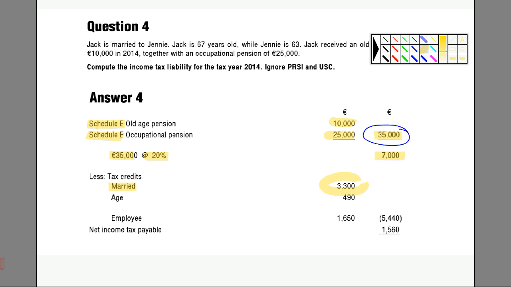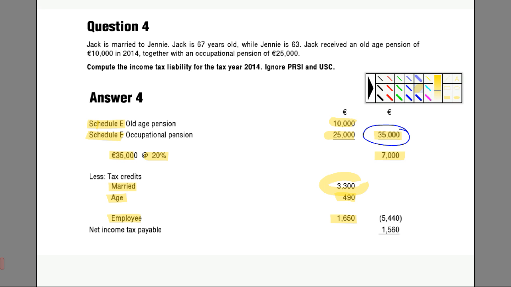In addition to that, because this individual, Jack, is older than 67, he's going to receive what we call an age allowance of 490. And then over and above that, because he has Schedule E income, in effect an employed person, he will get the employee credit of 1650, although that wasn't specifically made clear within the question.